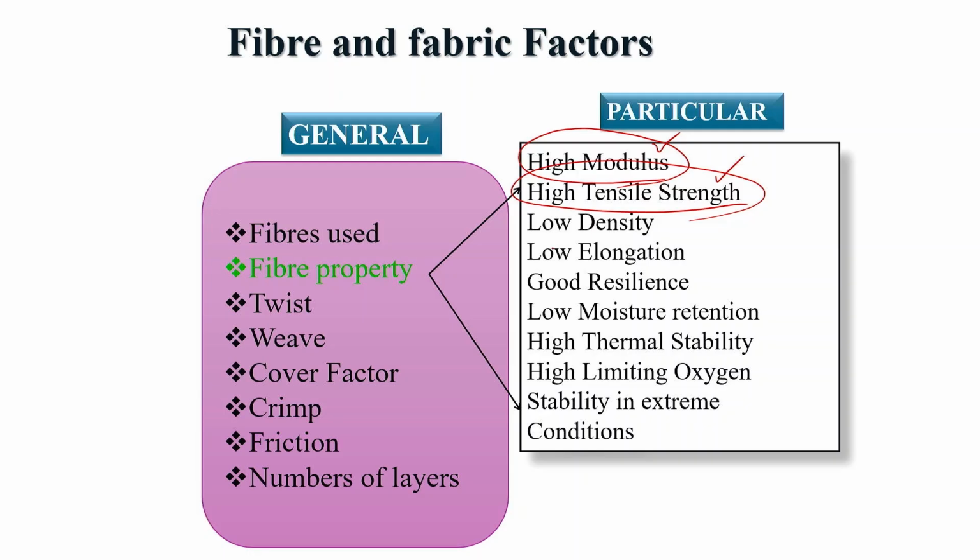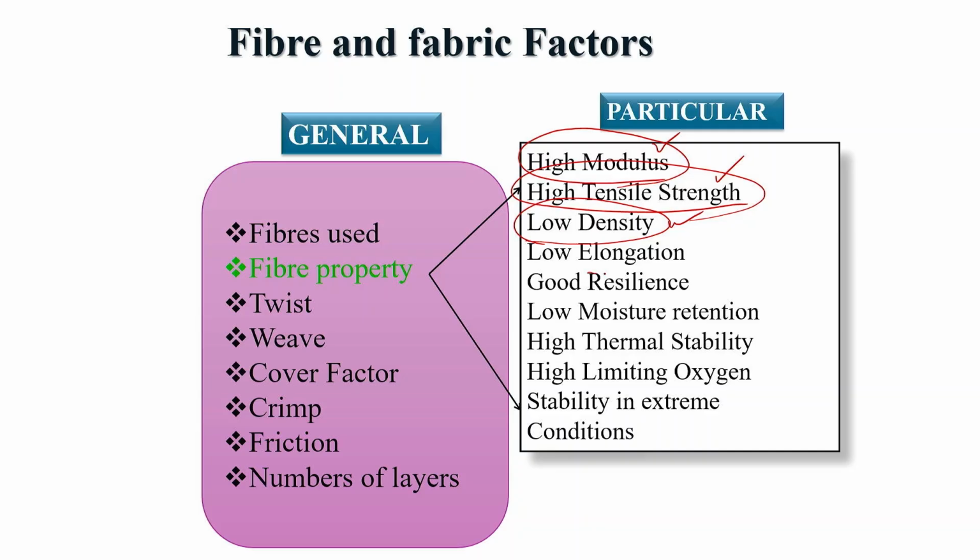Then it should have low density. Density is very important, because we have to reduce the overall mass. Overall mass has to be reduced. So, low density is important, like ultra high molecular weight polyethylene. It is nowadays very widely used because of its low density.